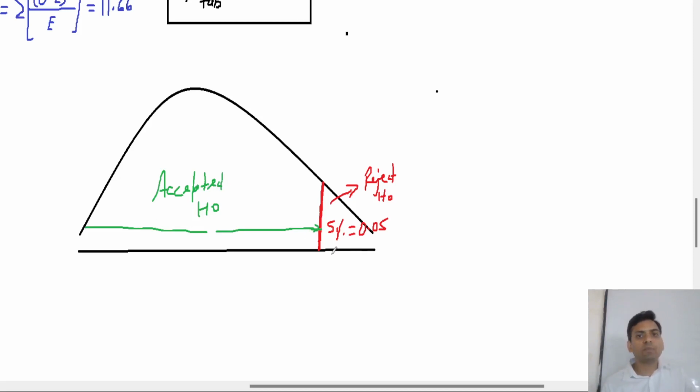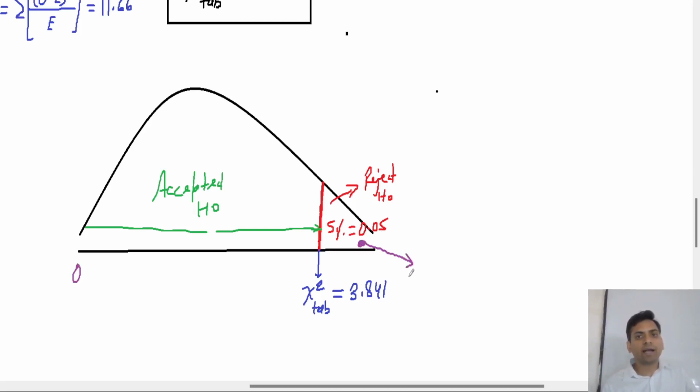And at this 5%, the value of chi-square tabulated is 3.841. Clear? And the calculated chi-square value, is it more than this or less than this? Right hand side. So this is more than 3.841.